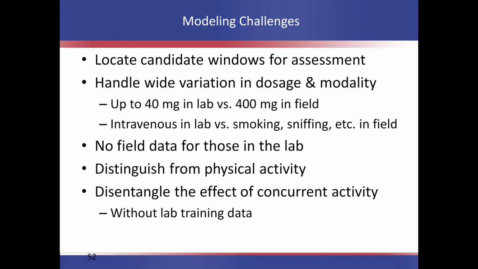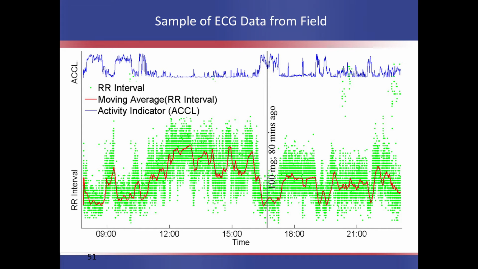The issue is that, suppose we looked at accelerometry and see, oh, there is not enough movement indicated by accelerometry, and that we see a significant dip in the heart rate, then we could perhaps infer that this is cocaine. But what we notice usually is that when people take cocaine, they are physically active too, so they are not static as happens when we strap them to a chair during the lab administration.